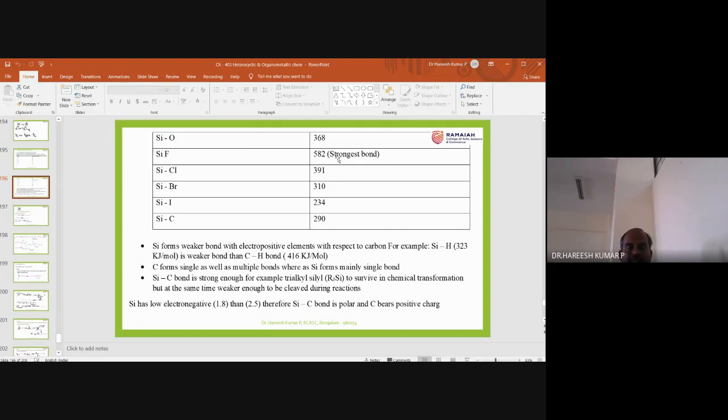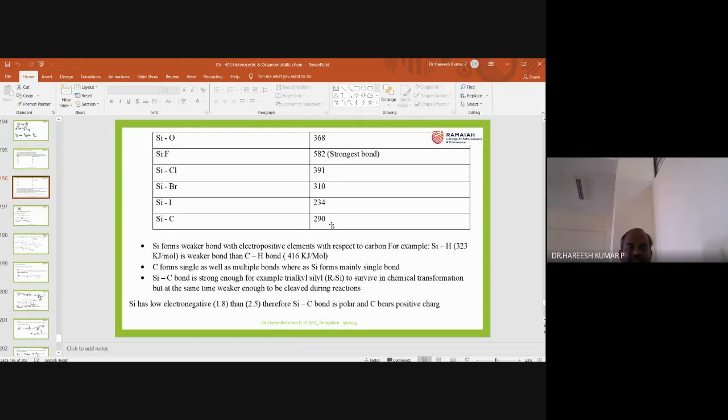It means a very strong bond between silicon and fluorine. And you can also observe silicon oxygen, 368. The bond energy is more. You can just compare here, silicon and carbon, 290.